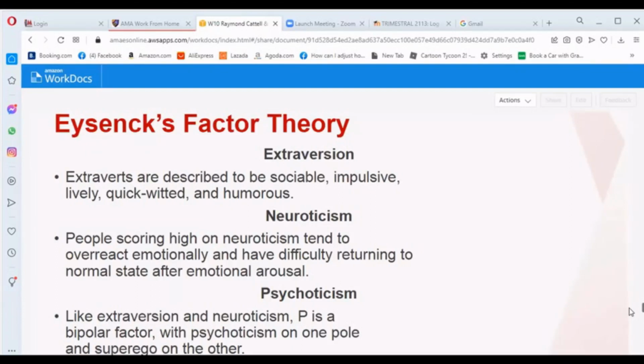For neuroticism, people scoring high on neuroticism tend to overreact emotionally and have difficulty returning to a normal state after an emotional arousal. For psychoticism, like extraversion and neuroticism, P is a bipolar factor, with psychoticism on one pole and superego on the other.